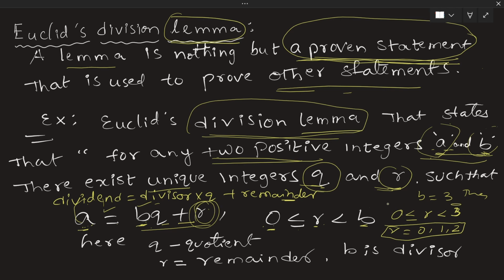Okay. So let us apply this division algorithm, the division principle, to find the HCF of any two positive integers. Let us see how we can find the HCF of two positive integers by using the Euclid division principle.